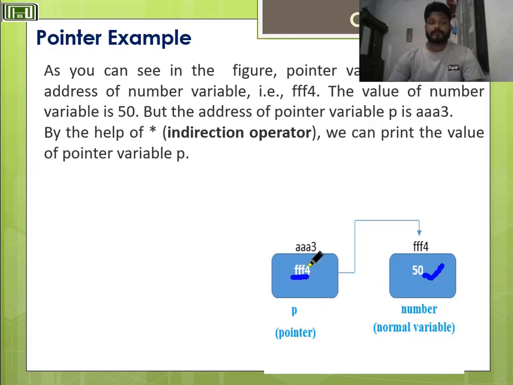The value of the number variable is 15, but the address of the pointer variable p is a3. So with the help of star, that is the indirection operator, we can print the value of pointer variable p.